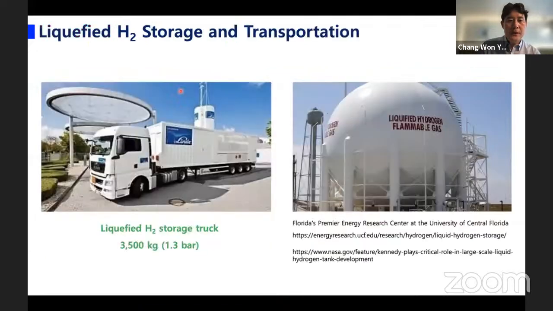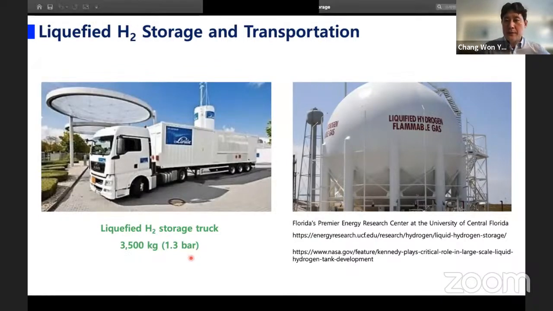In the case of a liquefied hydrogen storage truck, with a similar volume you can store and deliver over 3,000 kilograms, 3,500 kilograms of hydrogen at only 1.3 bar. So you can store more hydrogen under nearly atmospheric pressure, which means you can store and deliver a large amount of hydrogen with a much higher safety level.